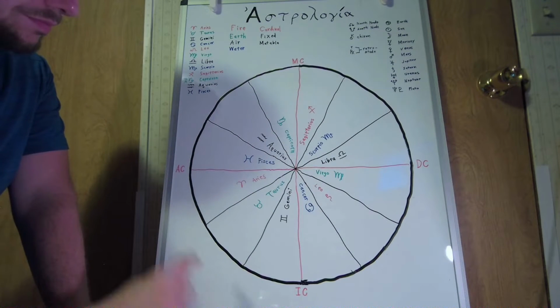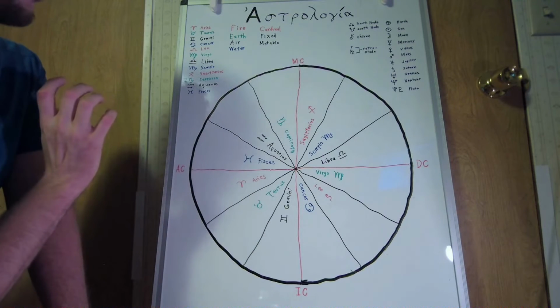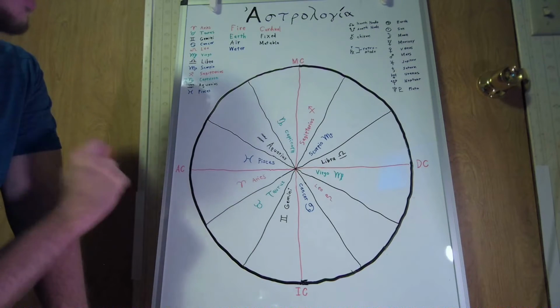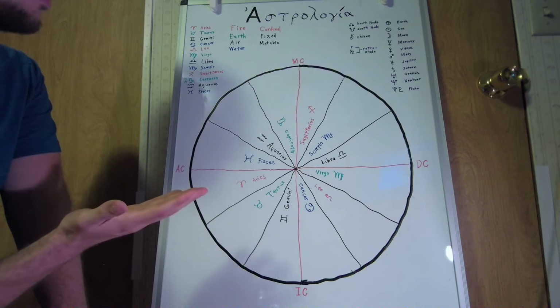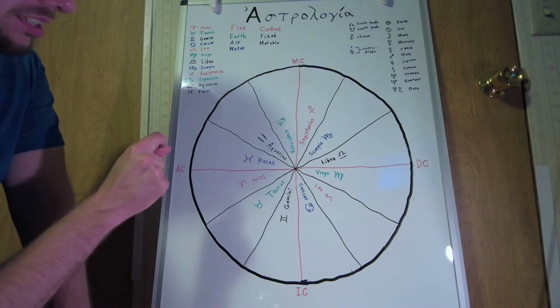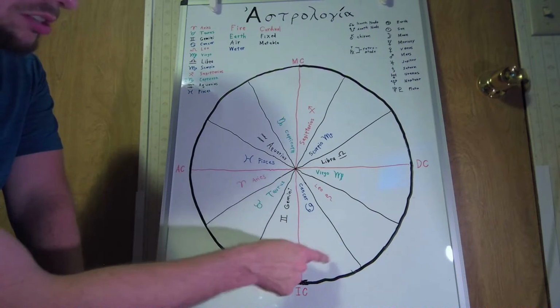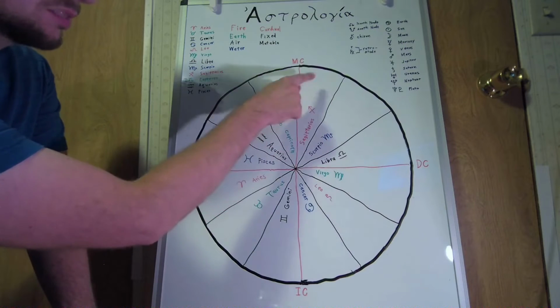Now, that means just like with the elements, there's a pattern to cardinal, fixed, and mutable. These three qualities. It's going to go cardinal, fixed, mutable, over and over.